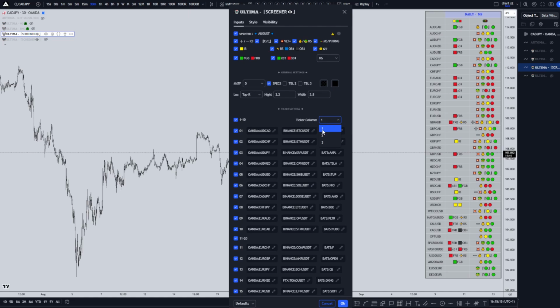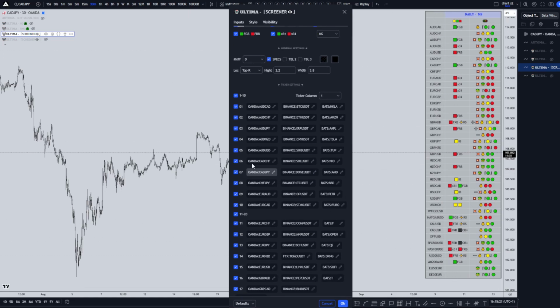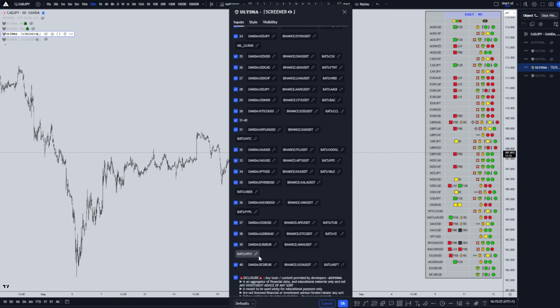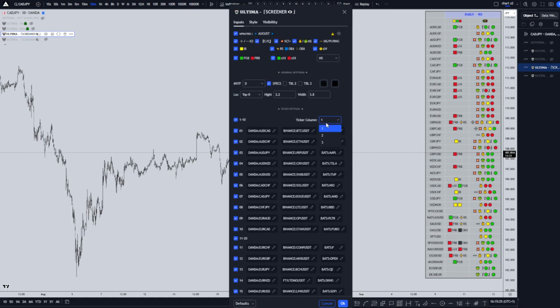There is a ticker column setting, which is 1, 2, 3. It basically will swap. So at the moment you can see here is everything we have in this first column. If we change to number 3, let's say, it will change to this column. So there are 1, 2, 3 columns. By default, the first one is forex, the second one is crypto, and the third is stocks.